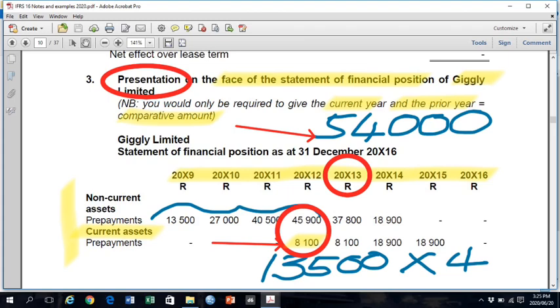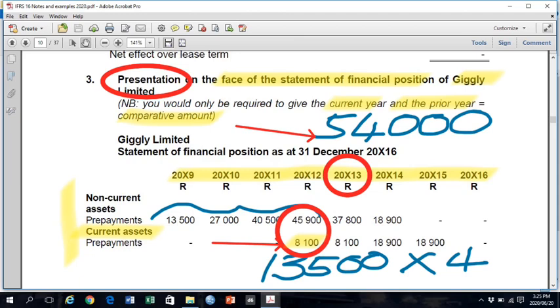You are not reducing your balance. You are not changing the year-end balance. You're only presenting the balance that you have built up over 4 years in a current and non-current portion. This same principle will then apply at the end of year 5, year 6, year 7.